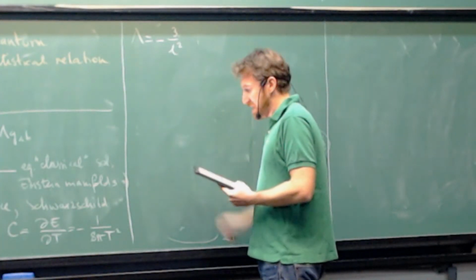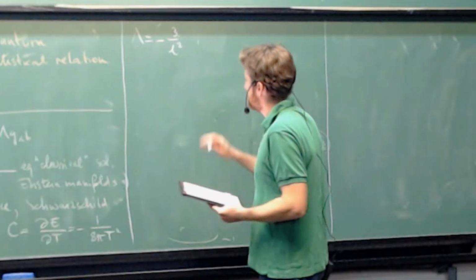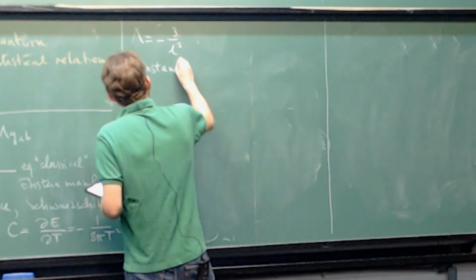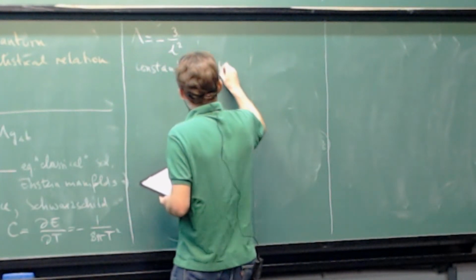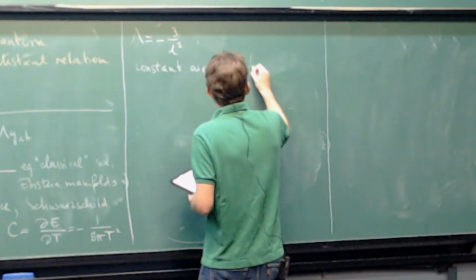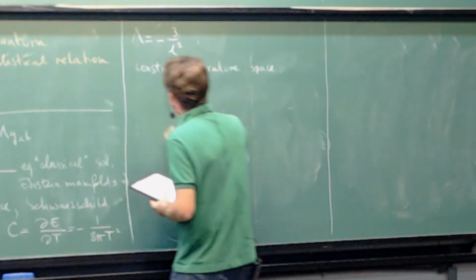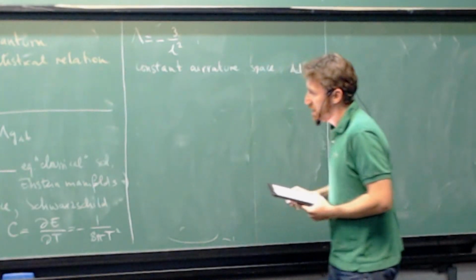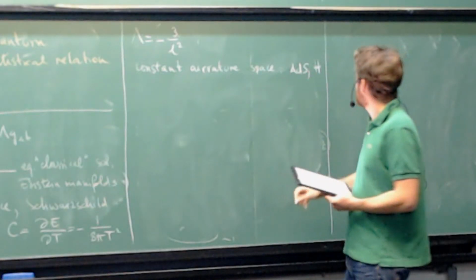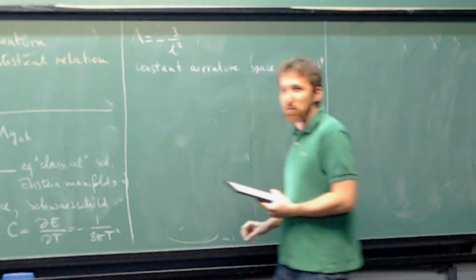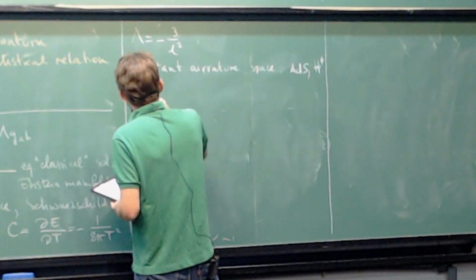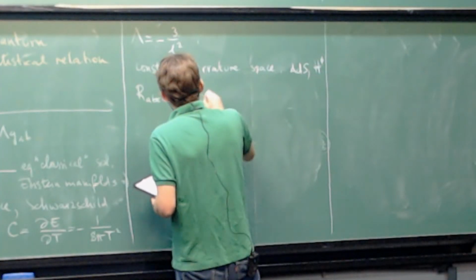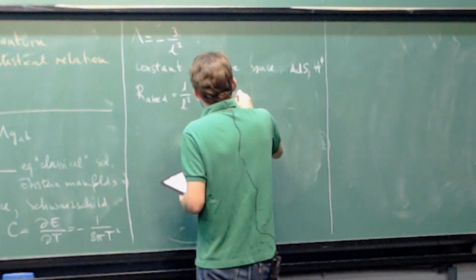The vacuum space that solves these equations is the constant curvature space, which is AdS, or actually, since we are working in Euclidean, it's also called hyperbolic space. It's constant curvature in the sense that its Riemann curvature is fully specified by its metric.